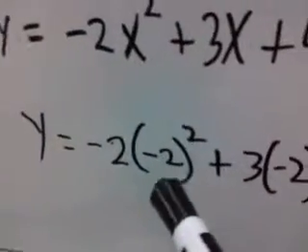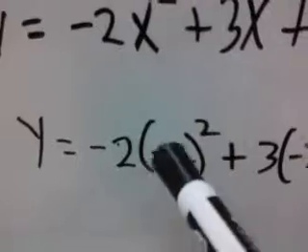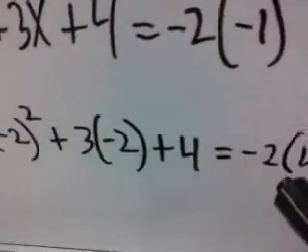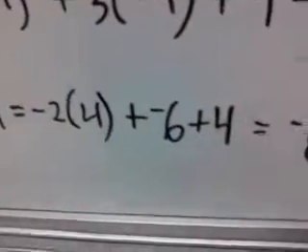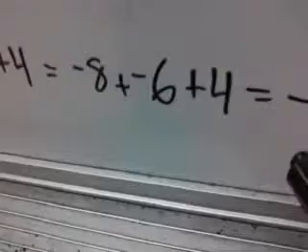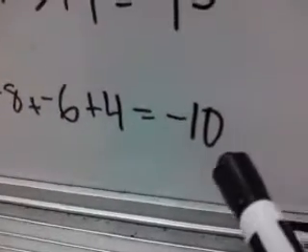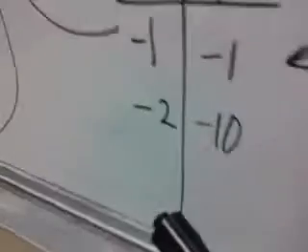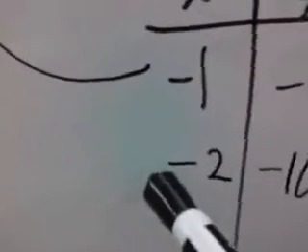I substitute -2 for x. I get -2 times -2 squared plus 3 times -2 plus 4. I simplify that using arithmetic, and that gives me -10. So my second point on the left is -2, -10.